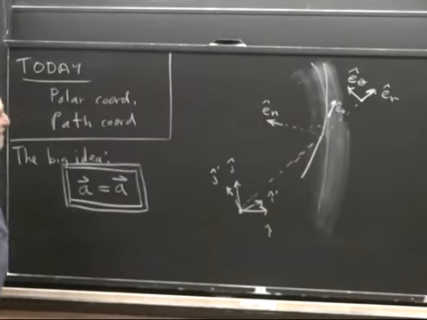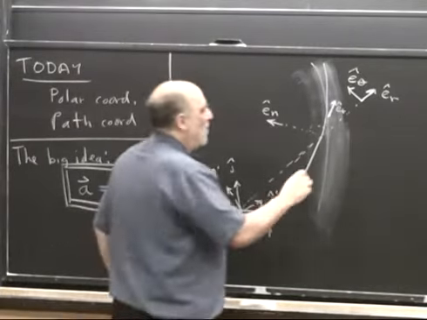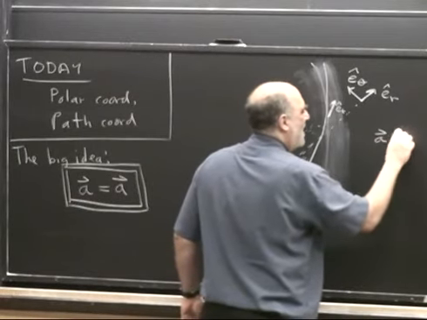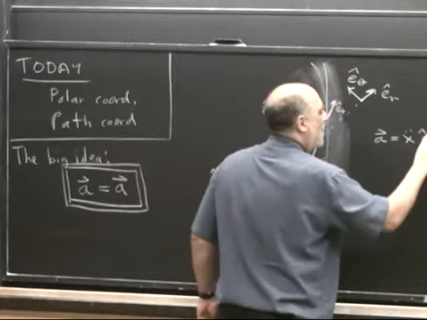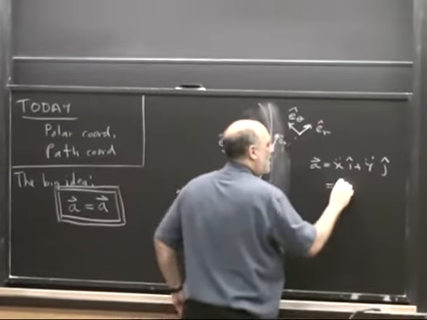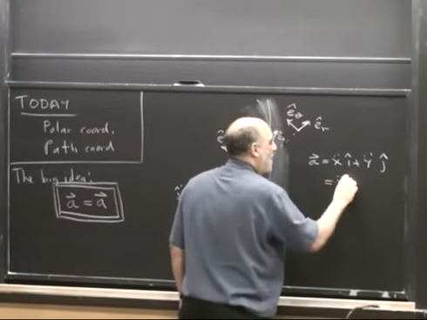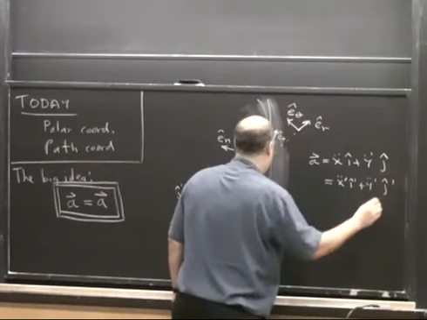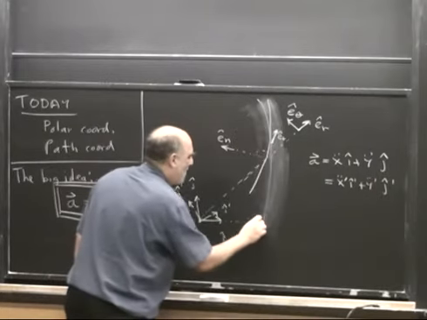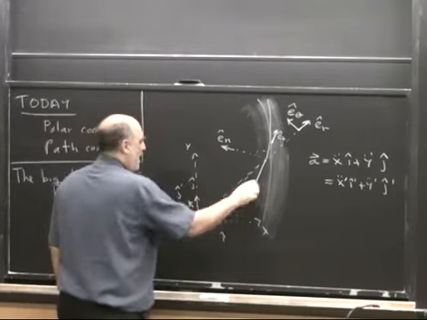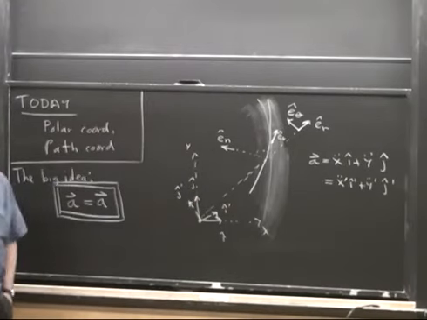So when we write A equals A, what we mean is that the acceleration, we can represent as x double dot i plus y double dot j, but that same acceleration vector we can write as x double dot prime i prime plus y double dot prime j prime, where implicitly we have here an x direction and a y direction, and an x prime and y prime, which I won't draw here.